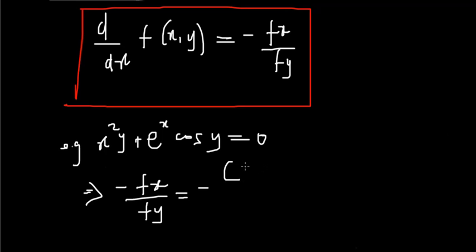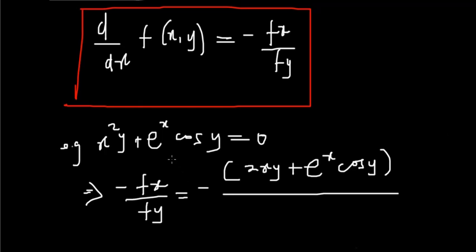So we have 2xy plus e exponent x cos y, and then you divide that by, now differentiating with respect only to y. When you differentiate y over here, you end up with 1, so we have x squared. That's why initially I stated that you differentiate y and keep x constant, and then you differentiate x and keep y constant.